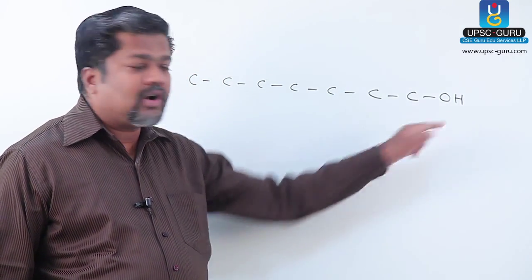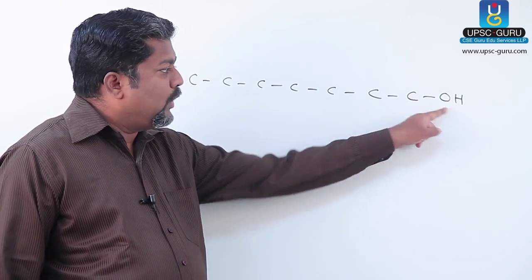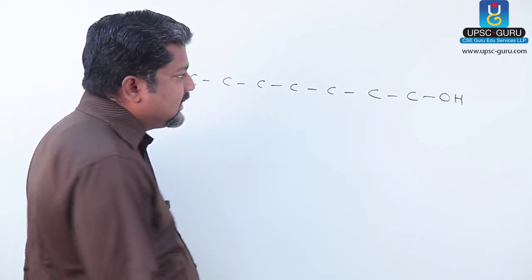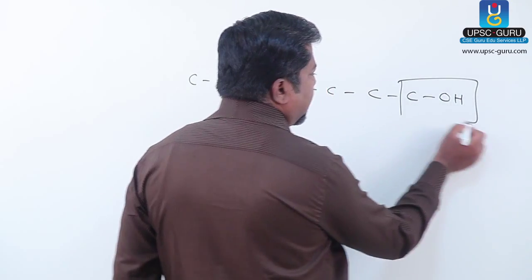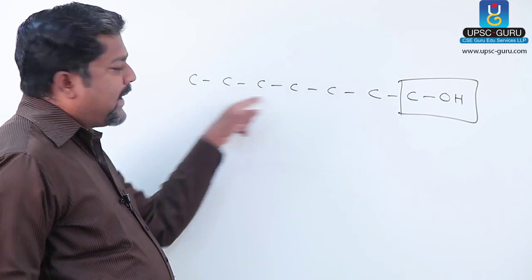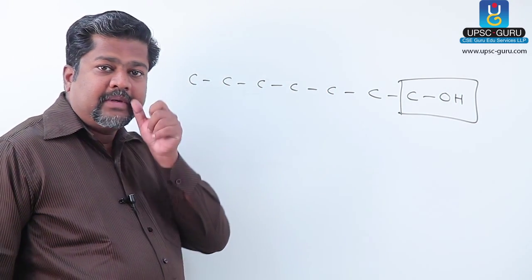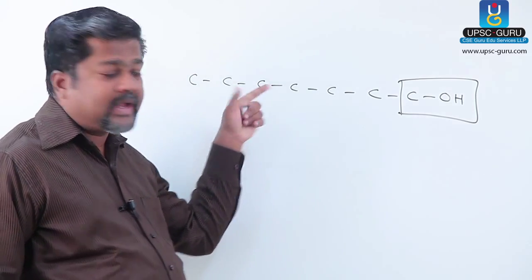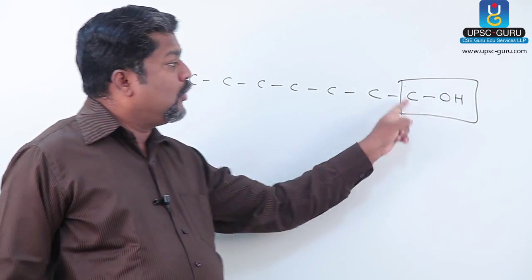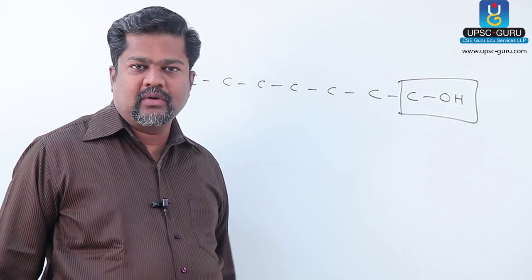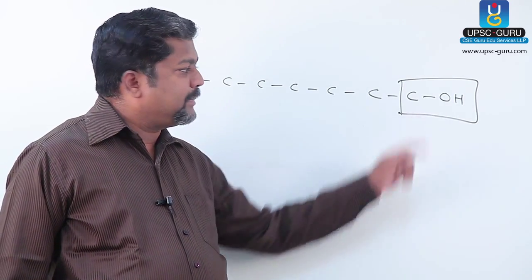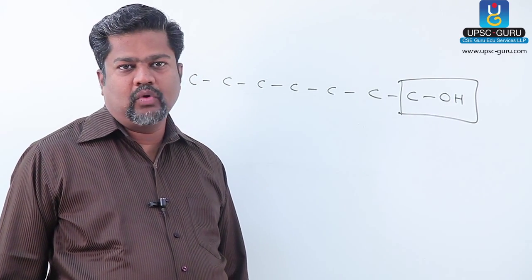Now this is called an alcohol, as the OH group is attached, and reactions are carried out with respect to this part. The rest of the part becomes stagnant. Stagnant means it is not taking part in the reaction. So chemically this part is inactive. Only this part usually undergoes reaction, and therefore this part is called the functional group.